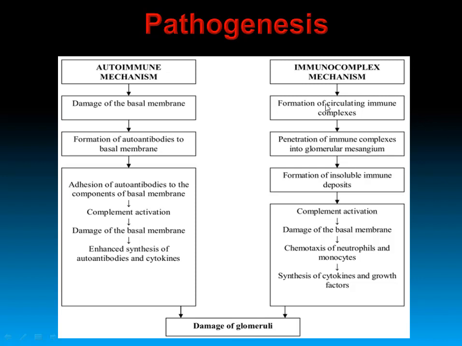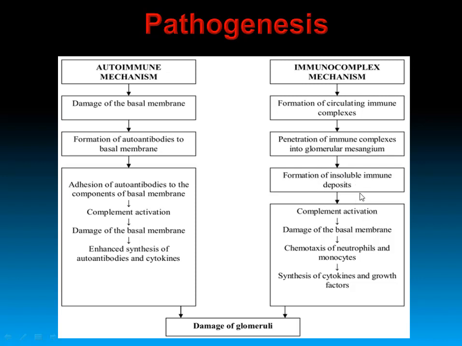Immunocomplex mechanism. In the first stage, there will be formation of circulating immune complexes. These immune complexes will penetrate into the glomerular mesangium. They have tropism to the glomerular mesangium. In the glomerular mesangium, insoluble immune deposits will be formed.